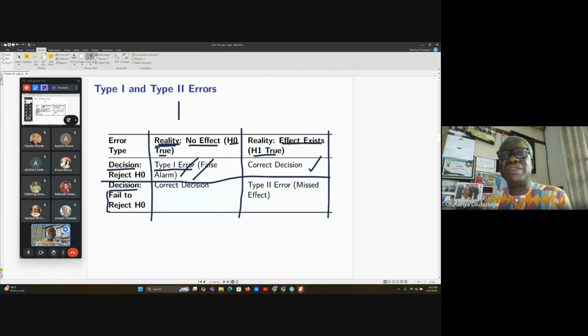In other words, the reality is that there is a difference. That's why there is a type 2 error here.